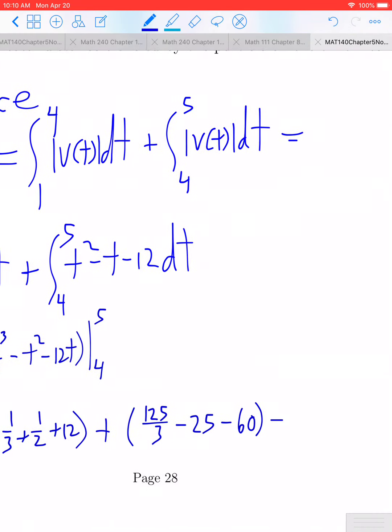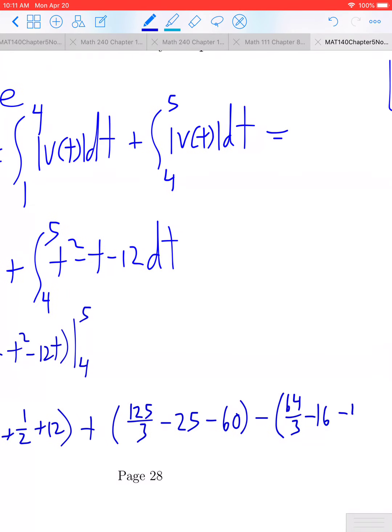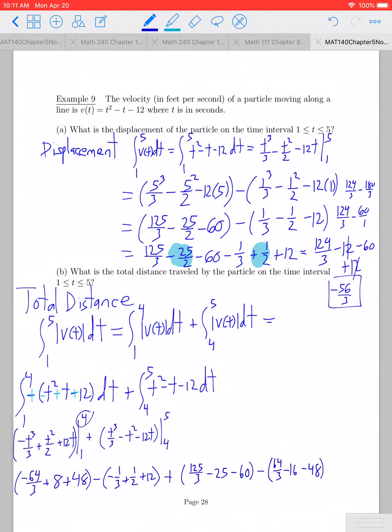Subtract, now we have to plug in 4. 4 cubed is 64, so it's going to be 64 thirds. 4 squared is 16, so it's a negative 16. And then negative 12 times 4 would be negative 48. So this is what we're going to have all together.